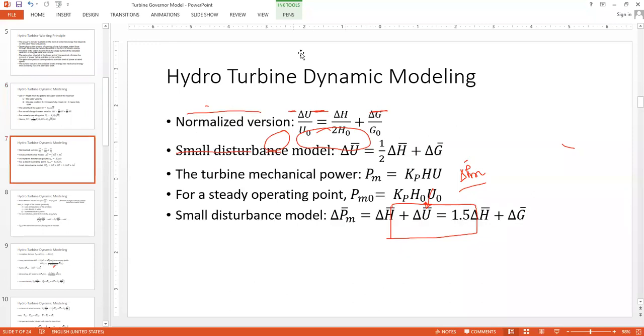From here, half del h equals del u minus del g. So that means del h equals 2 del u minus del g. This is the relation that we are talking about here.